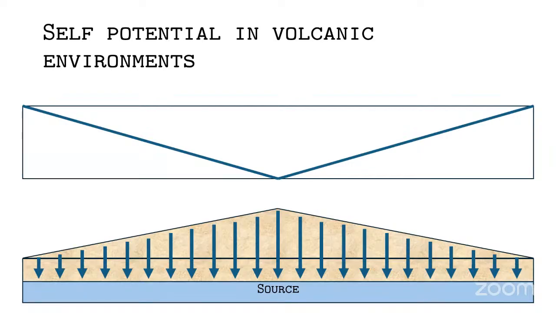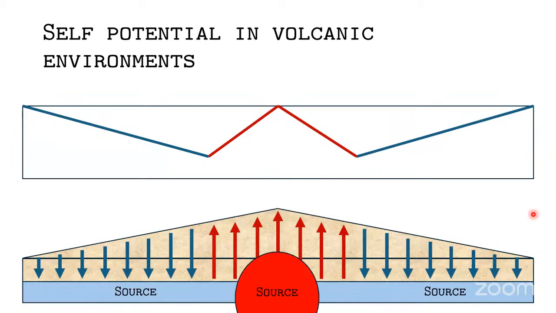However, an active volcano has enough energy in its interior to vaporize the water and allow it to ascend, which consequently allows charge to reach the surface, increasing the self potential with the elevation.